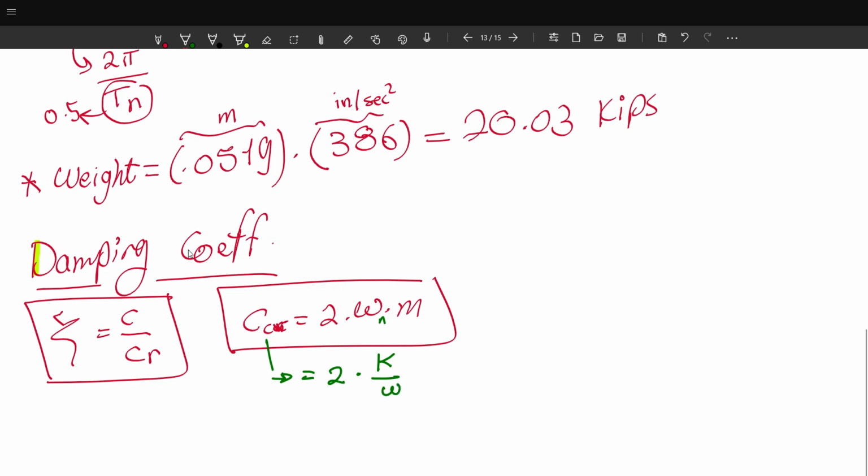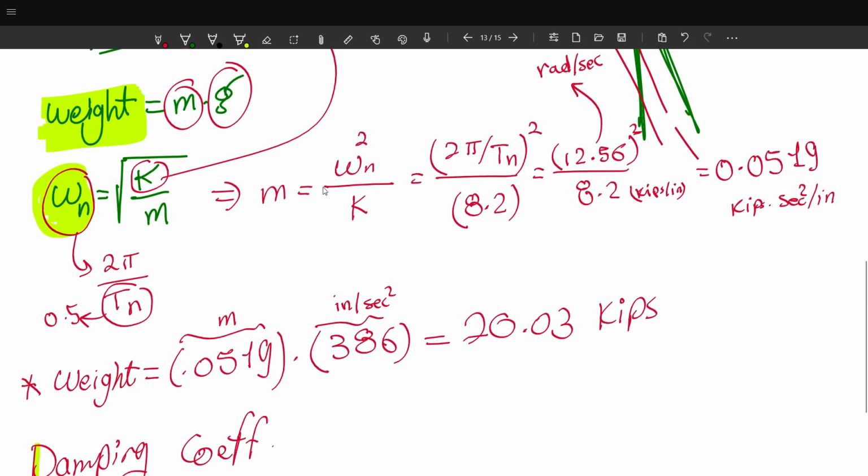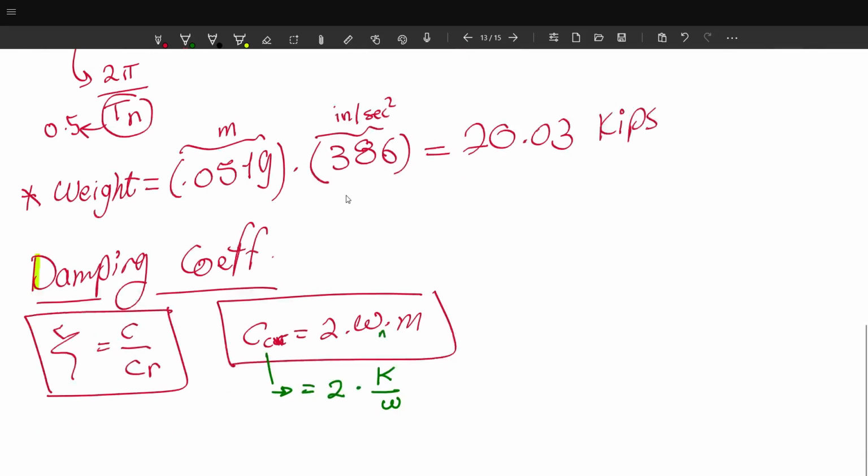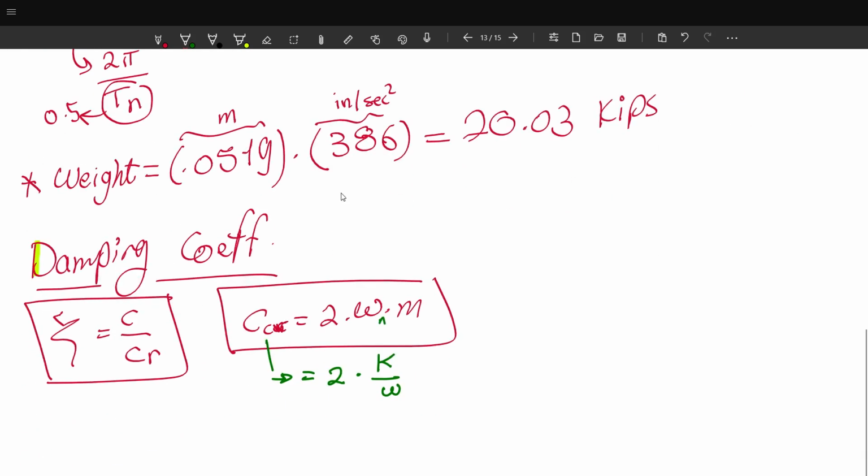Is it okay? Because we have m here, right? So m and omega, whenever we multiply them together, we are going to obtain k over omega. Remember it here. That's the relation that we have here. So now this is 2 times k over omega. I think that we know everything in this equation, so we can put it easily.